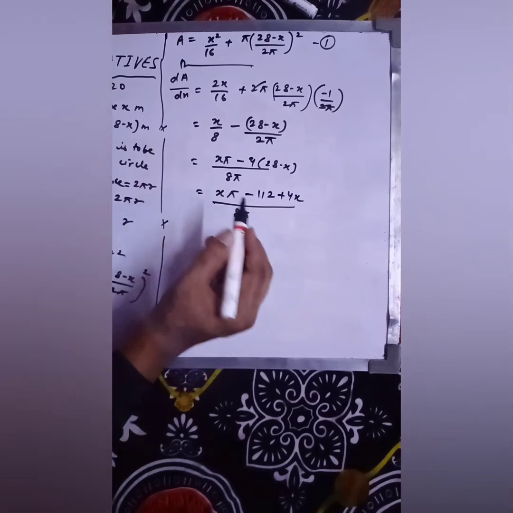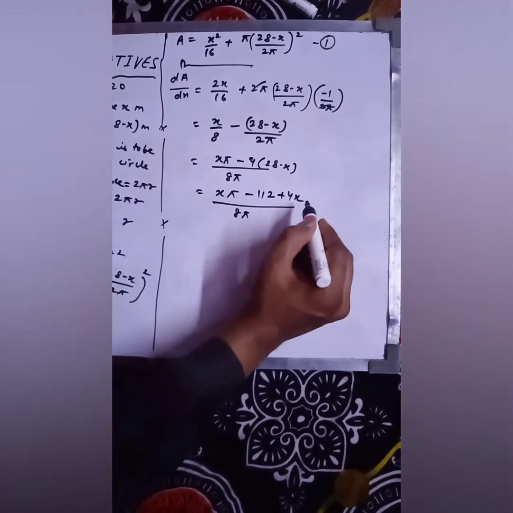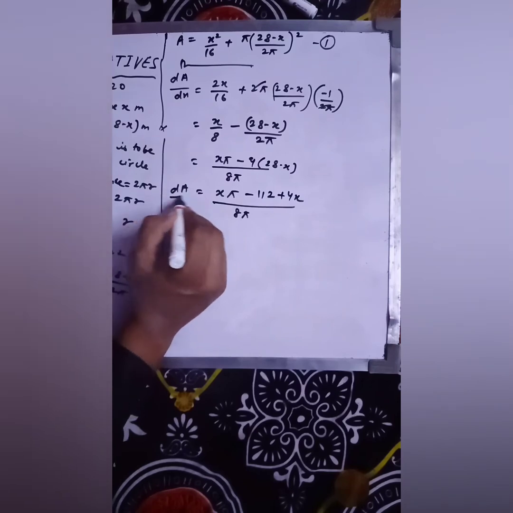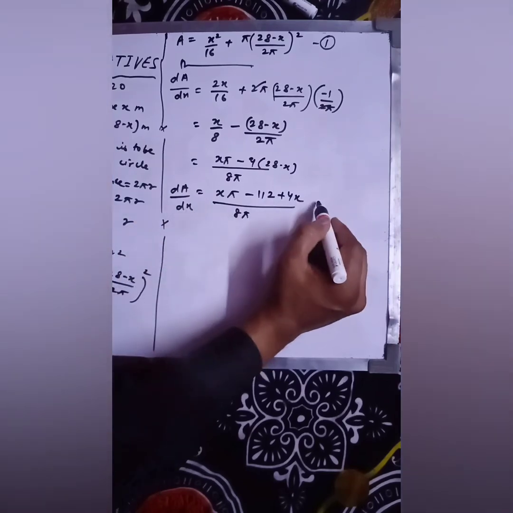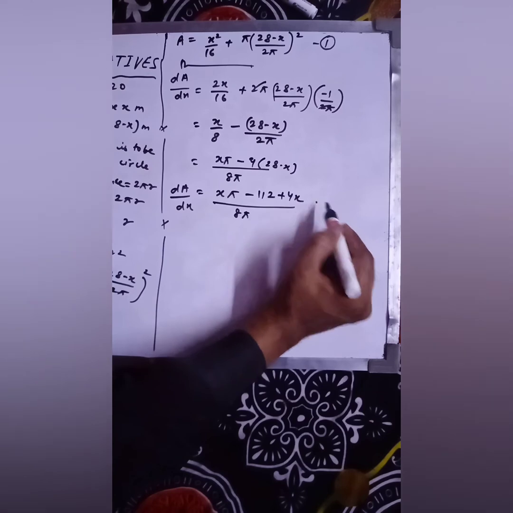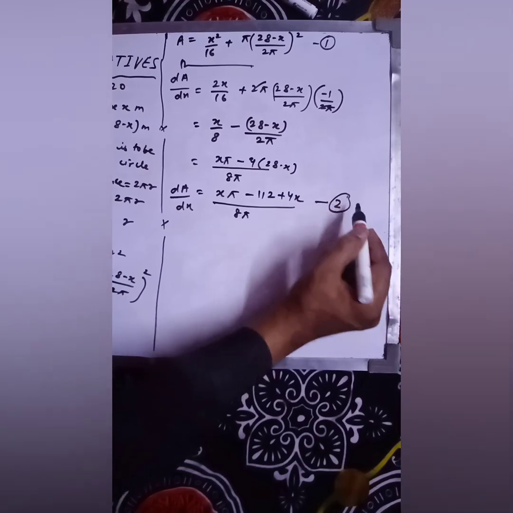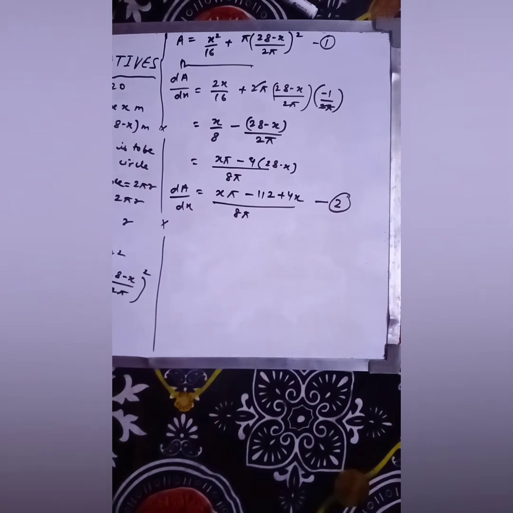Fine. So this is our dA by dx, which is our equation number 2. Got it?